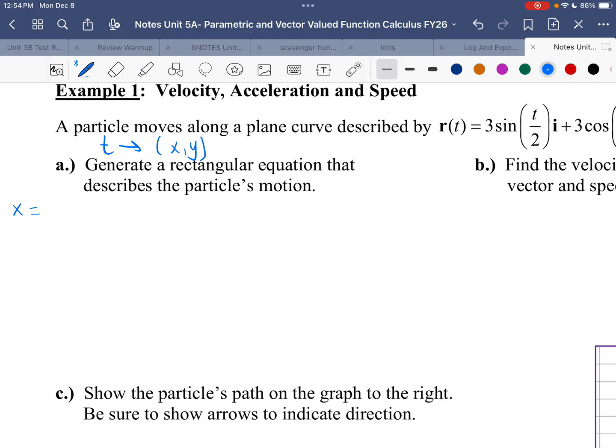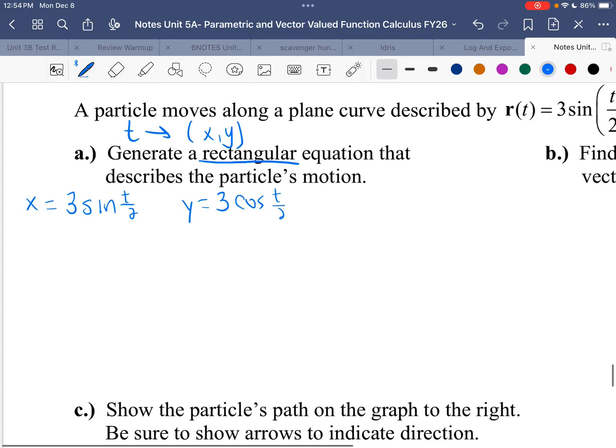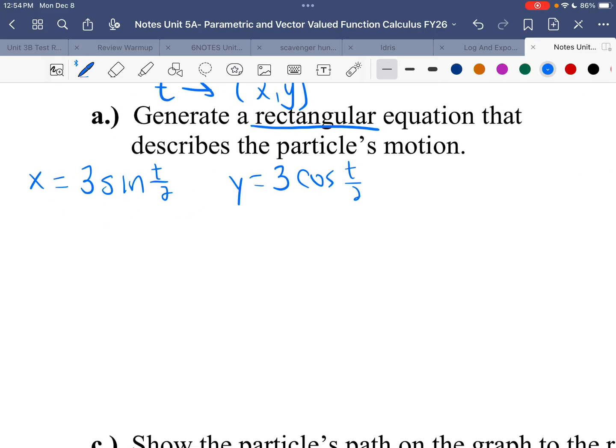So if x is equal to 3 sine t over 2 and y is equal to 3 cosine t over 2, in order to generate the rectangular equation, which means not polar, but going from something in terms of t to something in terms of x's and y's, we need to figure out how we could rewrite this.